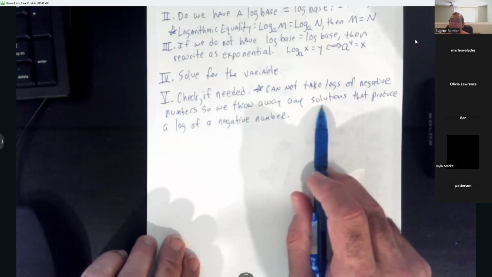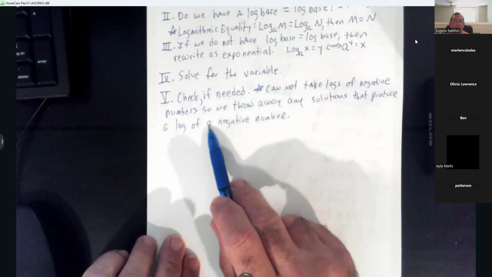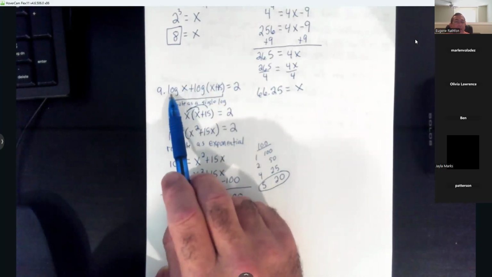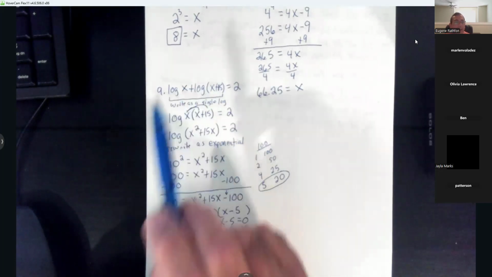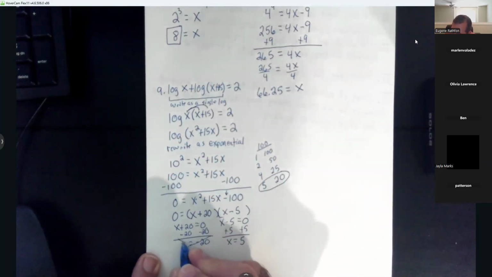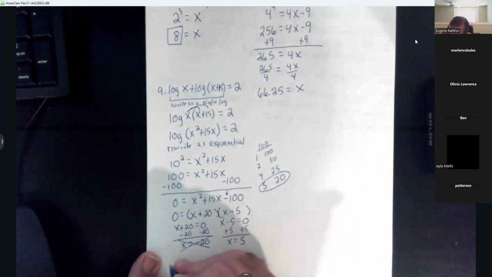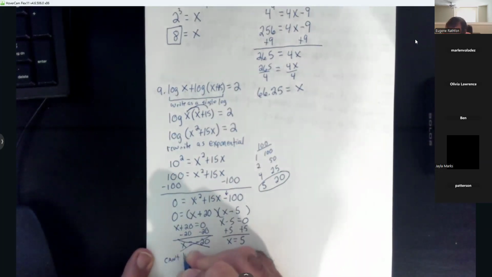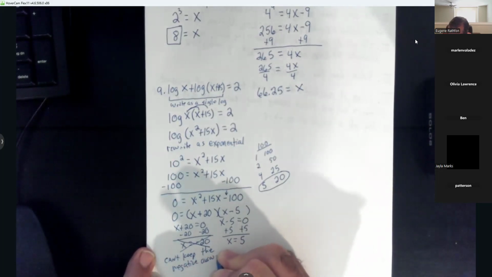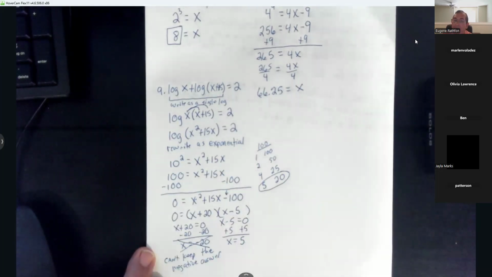So we throw away any solutions that produce a log of a negative number. Well, y'all, if y'all put that negative 20 in for that x, you're taking the log of a negative 20, which we cannot do. So we gotta throw away that negative answer. So can't keep the negative answer. So in MathLab, you're going to put a 5, and that's the only answer you're putting on that one, okay?